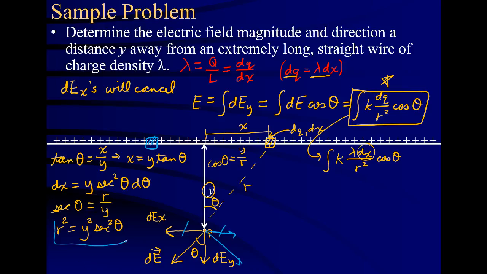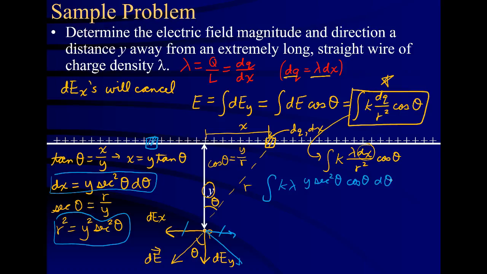So now we have two substitutions that we're going to make. We're going to take this one here and plug it in for r squared, and I'm going to erase that because we don't need it. I'm also going to plug in that dx is y secant squared theta d theta. So now our integral is going to be a lot nicer. It's going to be k lambda, and then dx is going to be y secant squared theta cosine theta d theta.